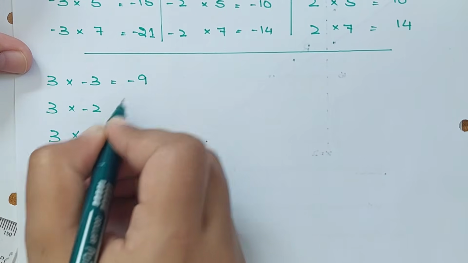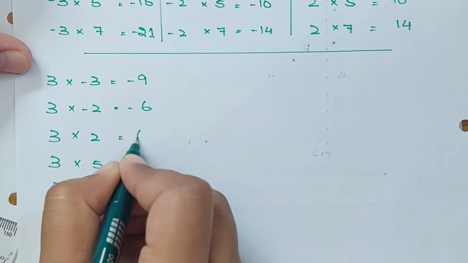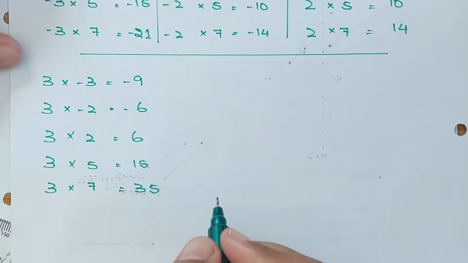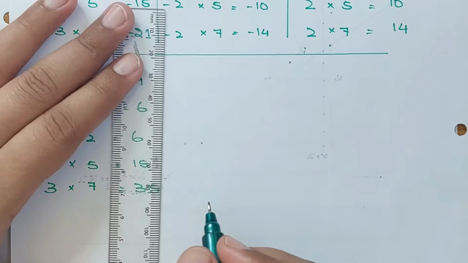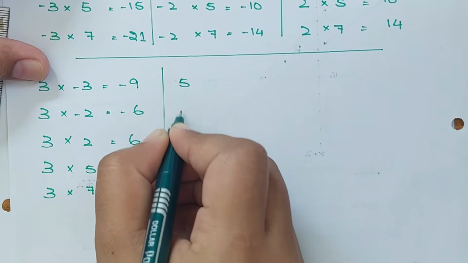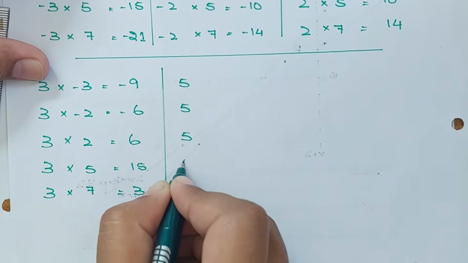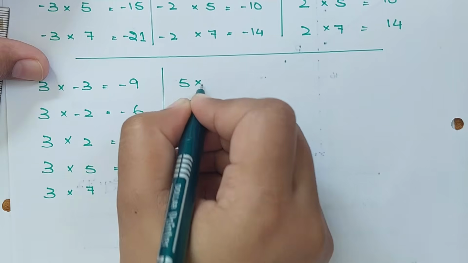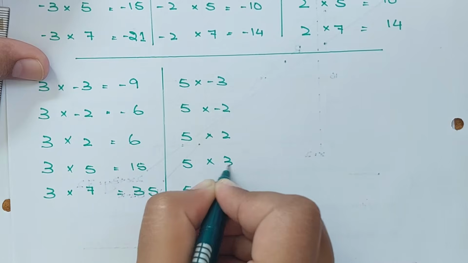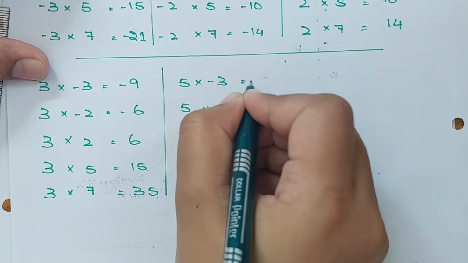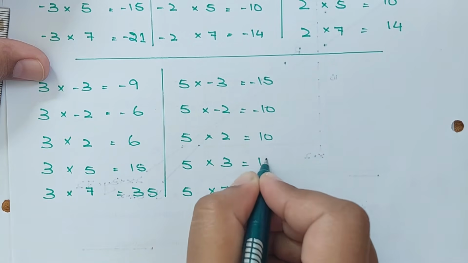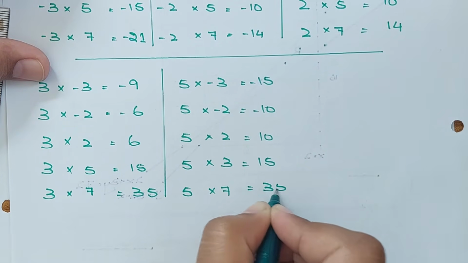This is negative 9, negative 6, 6, 15, 21. And after 3, it's 5. 5 with minus 3, minus 2, 2, 3, and 7. Negative 15, negative 10, positive 10, positive 15, and 35.